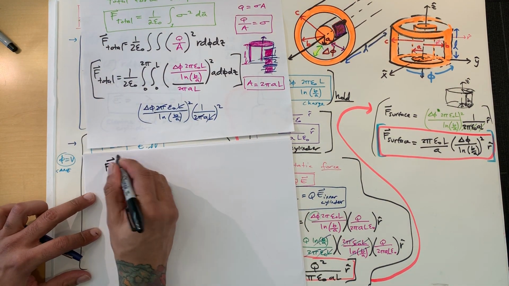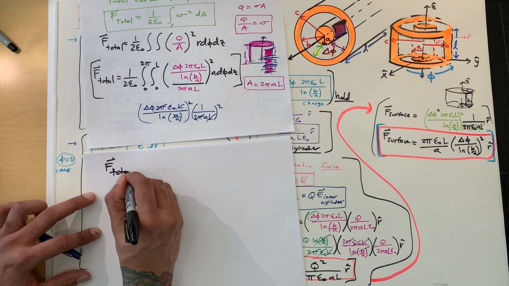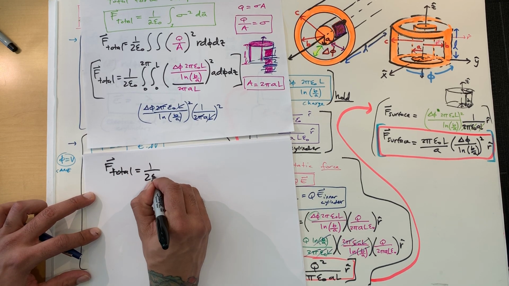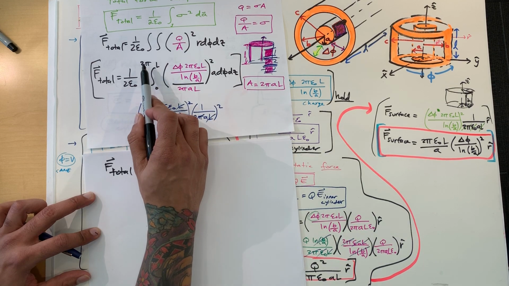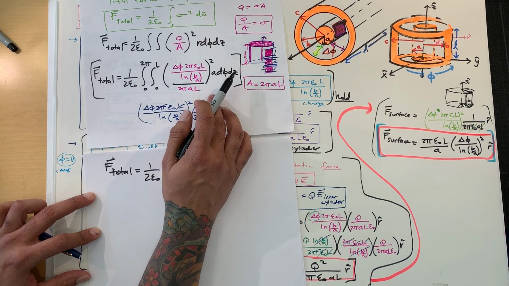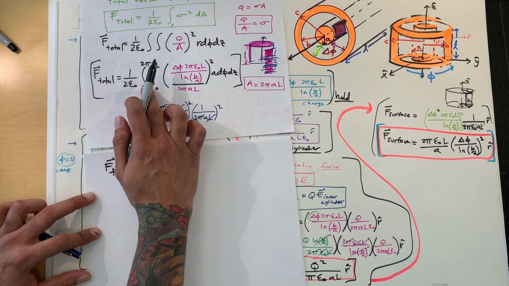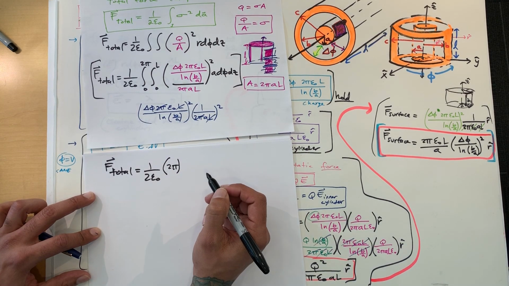So force total, 1 over 2 epsilon naught. I'm evaluating the phi integral first, so I'm going to get 2 pi from that.